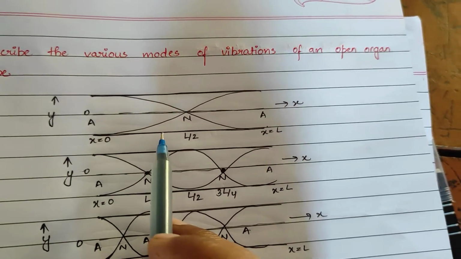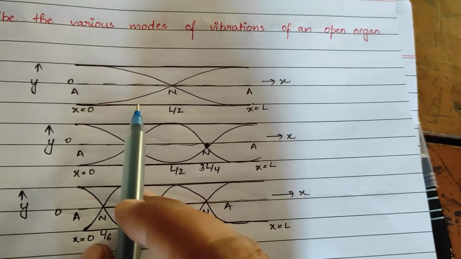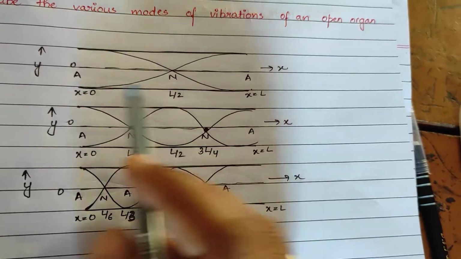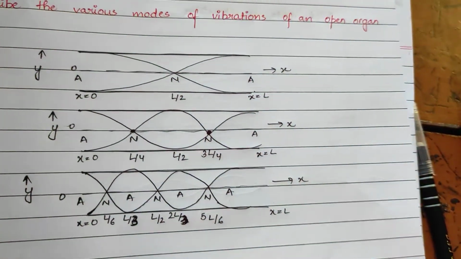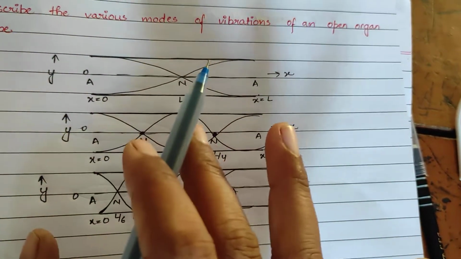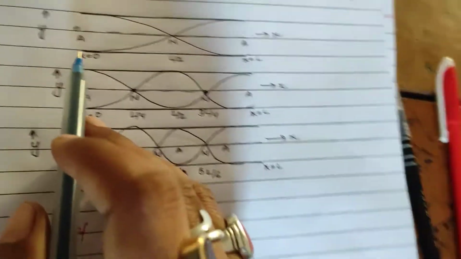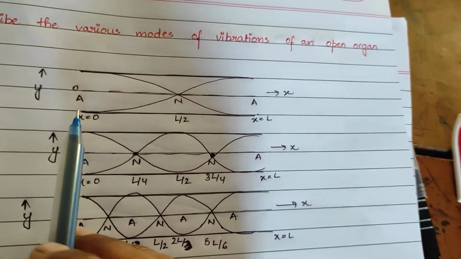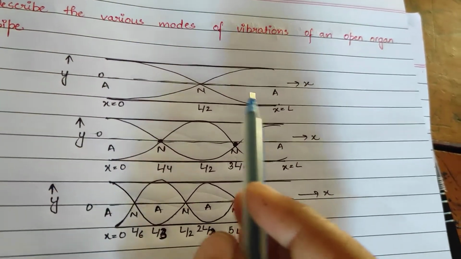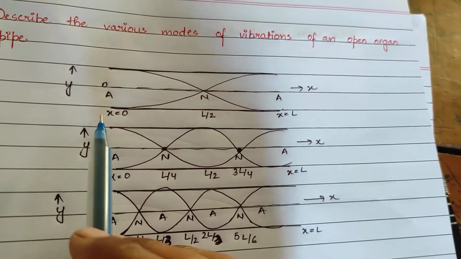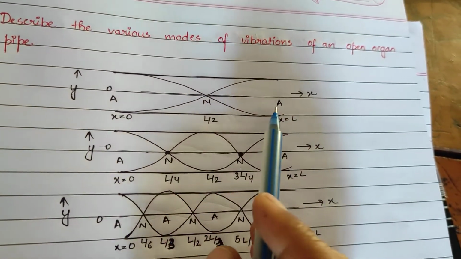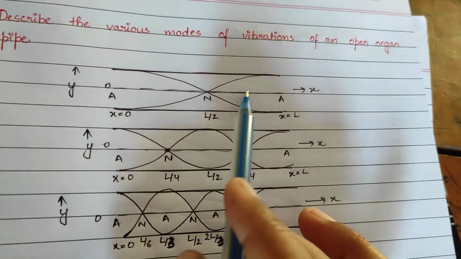As you can see here, we have taken an open organ pipe whose both ends are open. If you blow the air, an air column is created and vibrations are created. The waves are reflected from these ends, but without any change of their type, and the particles continue to move in the same direction even after the reflection.